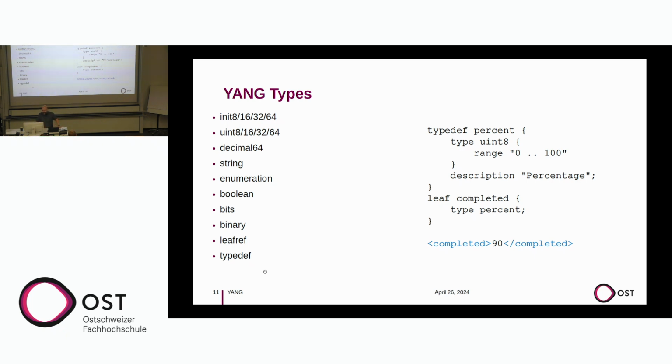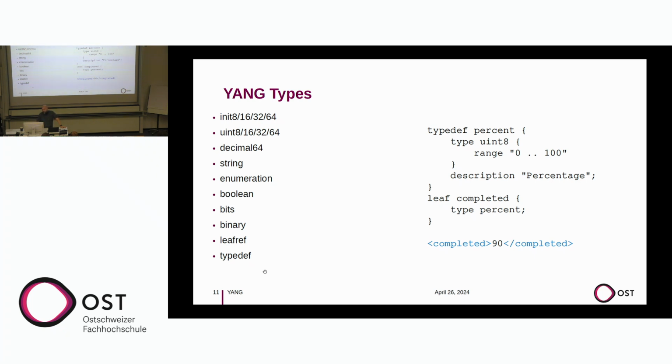This is one of the pain points if you want to work with it in a programmatic way and support all the features. Yeah, and the typedef is the one on the right side. So here we can define our own types. For example, percentage has to be a value between 0 and 100. Another maybe specific thing to YANG: if we make a typedef, we can also make a new typedef on percentage, but we can say now the value only has to start with a 5.